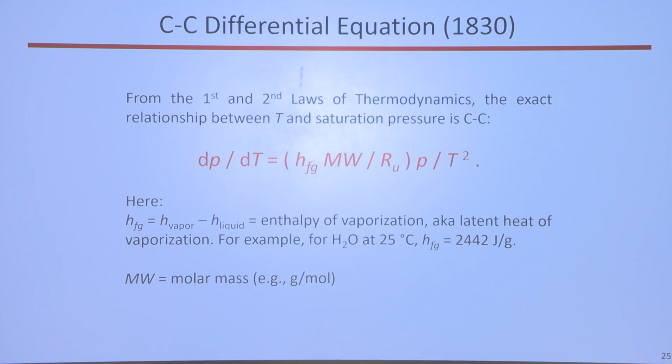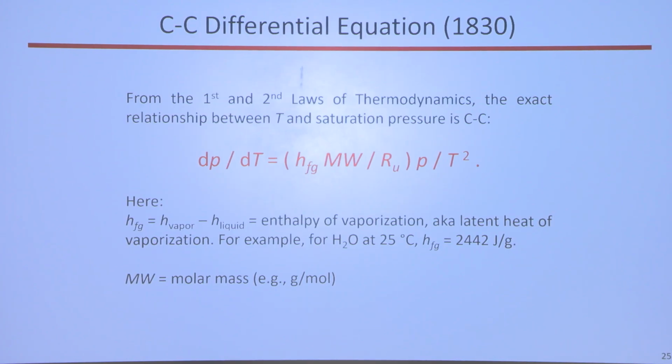It's a differential equation. The change of partial pressure with respect to temperature, that derivative, is equal to the enthalpy of vaporization, that's HFG, times molar mass, divided by the universal gas constant, times the pressure, divided by temperature squared.